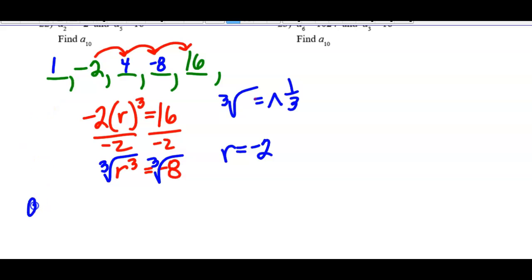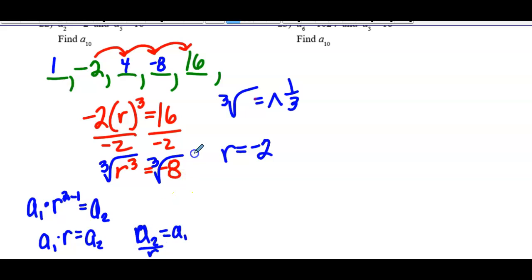So you have the first term times r to the n minus 1 became, let's say, the 2nd term. So n would be 2. So you'd have the first term times r became the second term. Or if you wanted the first term here, you'd have the second term divided by r give you the first term.